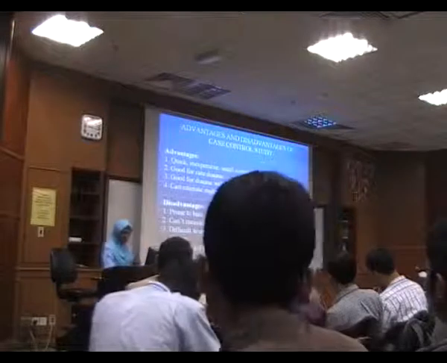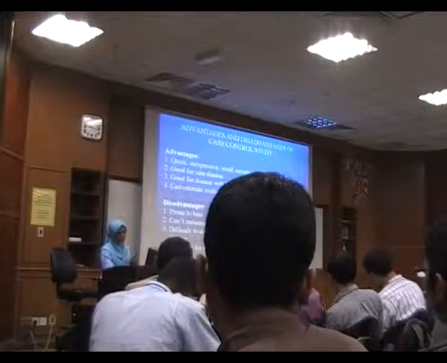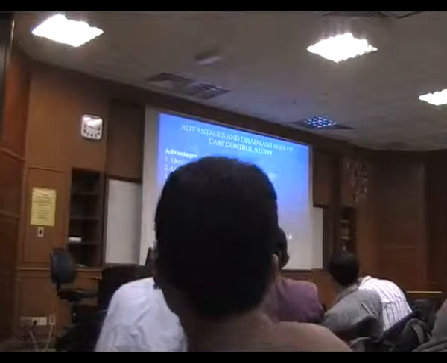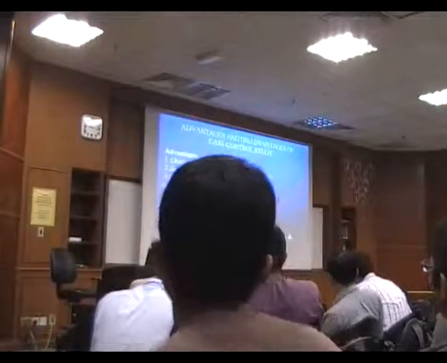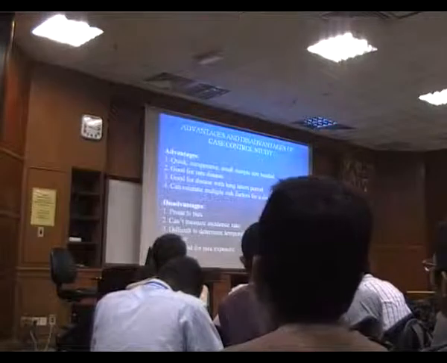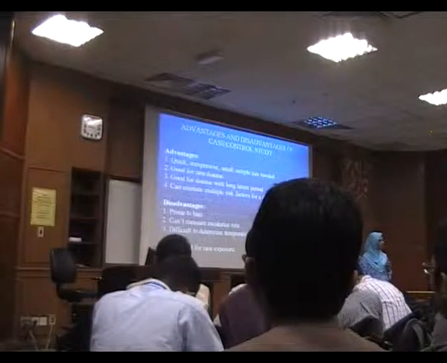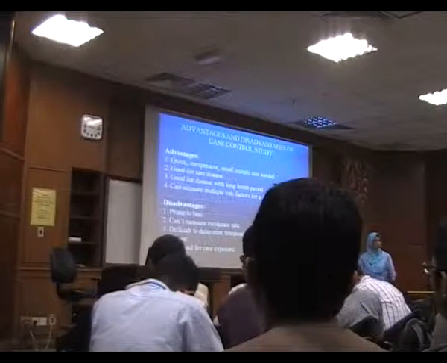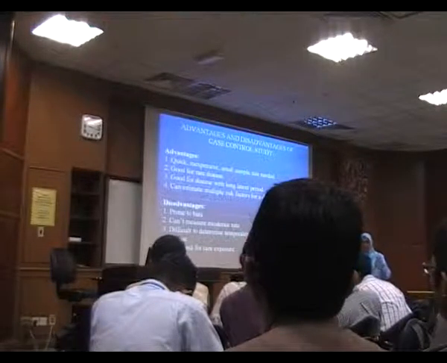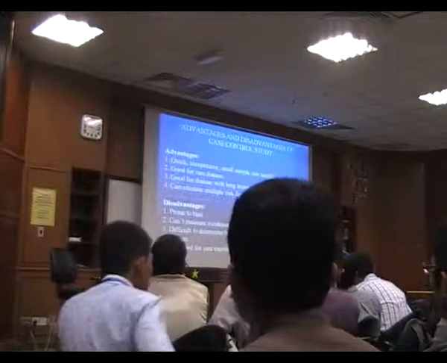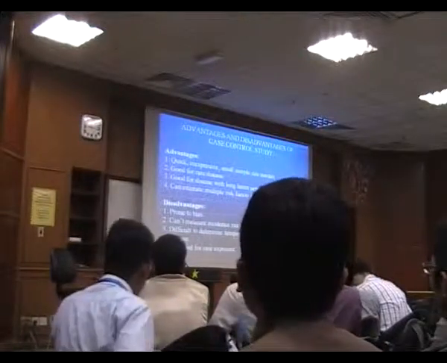It is also difficult to determine temporality, whether exposure precedes the outcome. Temporality means whether exposure precedes the outcome. It is not possible to determine in case control. Why? Because we are going back. At first we select the case and control, then we go back and try to find out what is the exposure.